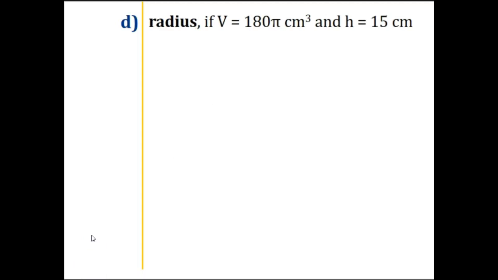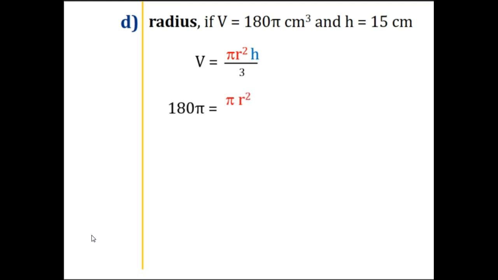All right, so here's our last example. This time, what does it want us to find? The radius. What do I know? So I know what the volume is. What's the volume? 180 pi centimeters cubed. What's my height? 15. So I can take my formula and substitute what I know. I know that volume is now 180 pi.